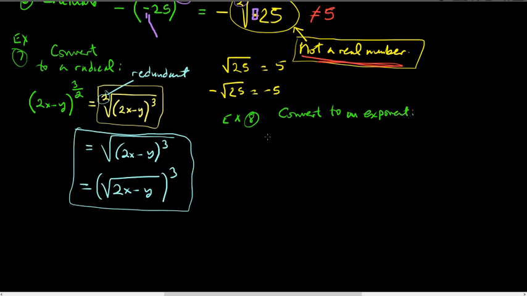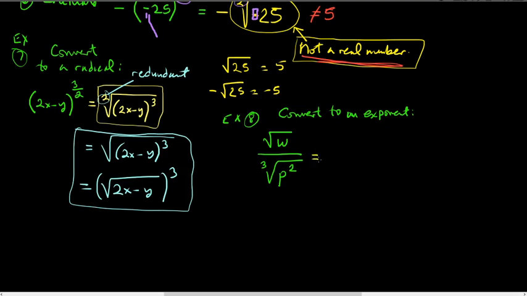So suppose I have the square root of w divided by the cube root of p squared. Okay, so we want to rewrite this with exponents rather than radical symbols.